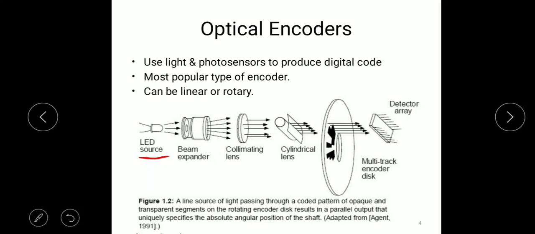The rotating disc has a coded pattern of opaque and transparent segments, which results in a parallel output that can be detected by a detector array.